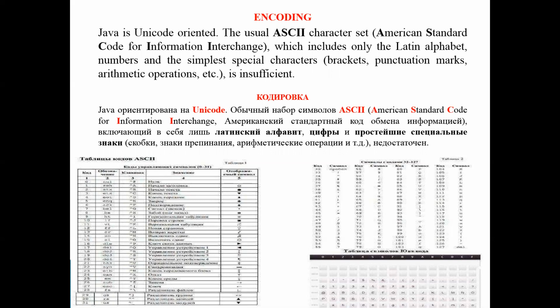ASCII includes only the Latin alphabet, numbers, and simple special characters: brackets, punctuation marks, arithmetic operations, and so on. Is it sufficient? This table you can find on the internet without any problems.